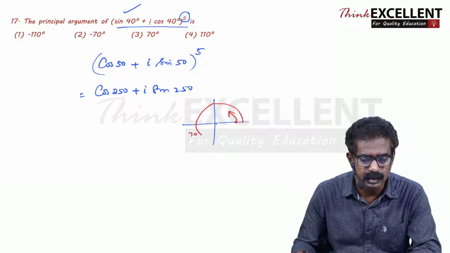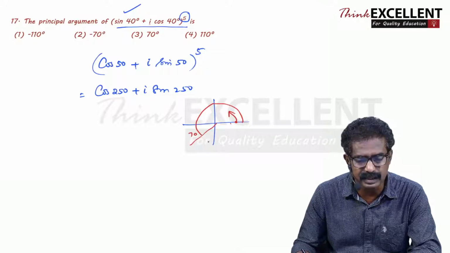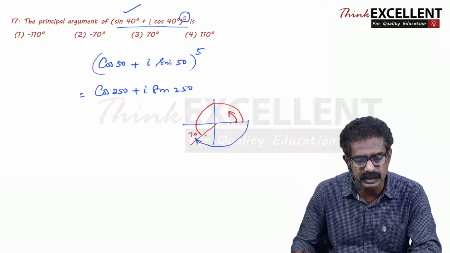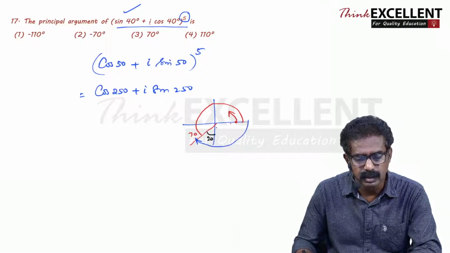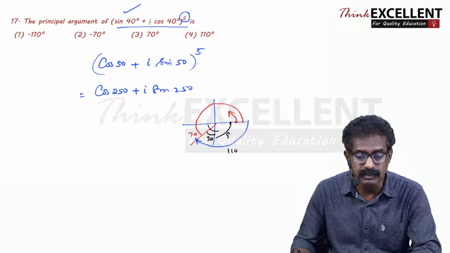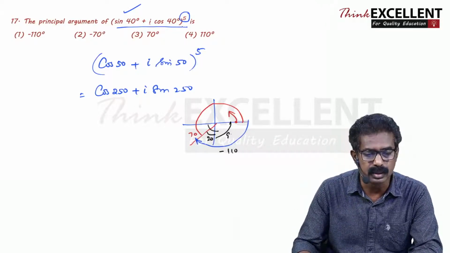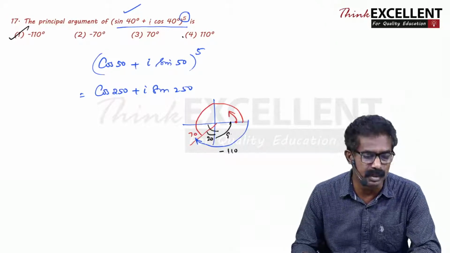This full angle is 250. But if you go in this direction, this is 70, so the balance is 20, then here you have 90. So 90 plus 20 is 110, but we go in the wrong direction, the clockwise direction, so you put a minus sign. So the principal argument is minus 110, option number 1.